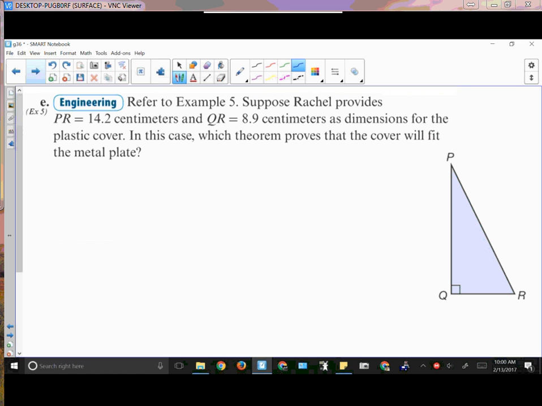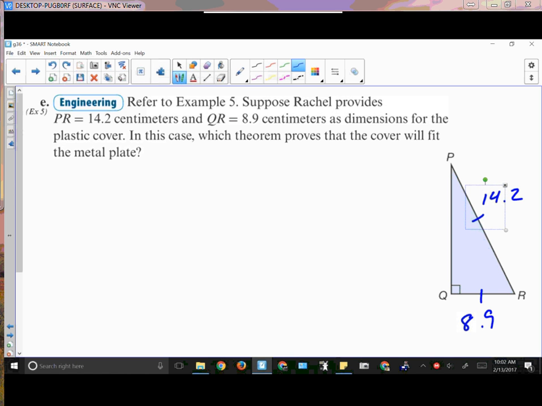So, I'm going to give you the last one here, and then I want to let you ponder on that one and see what you come up with. So, we have been told by Rachel that PR over here is 14.2, and QR is 8.9.